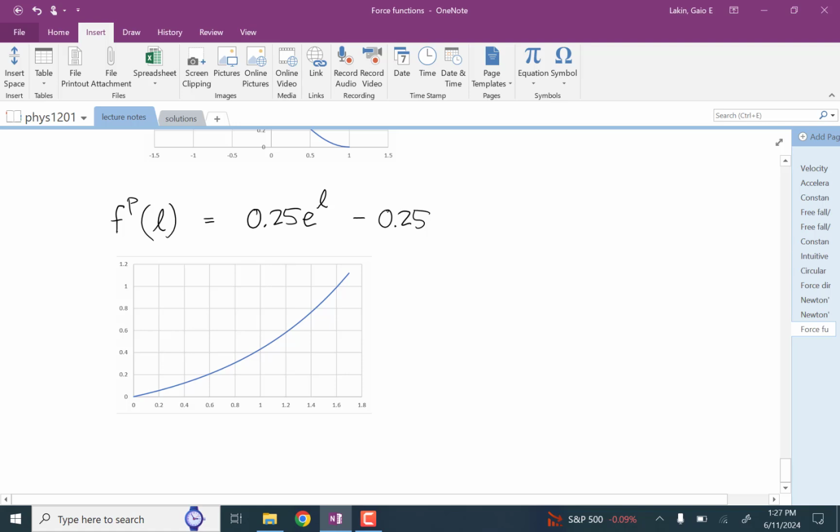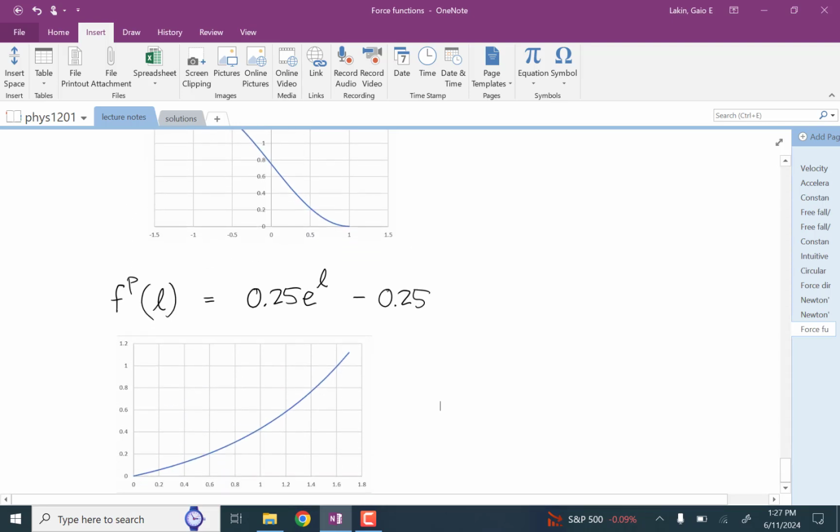And so for the example problem, there's a homework problem with a few parts in it, where it's going to ask you to input some values and calculate what the muscle forces are and compare these different conditions.